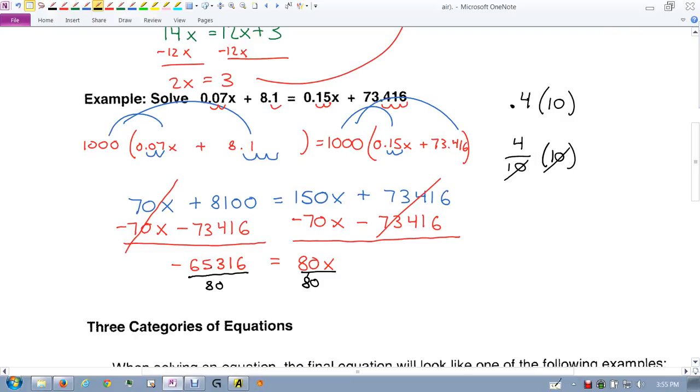Now I would have to try and reduce that. 2 goes into both for sure, because they're both even numbers, right? So you could try that. Try and reduce it.